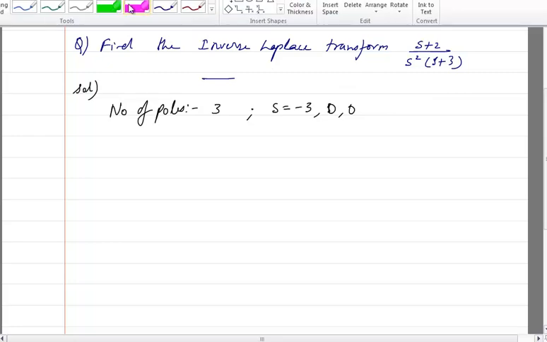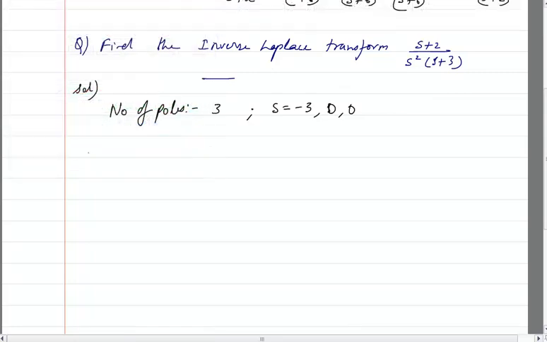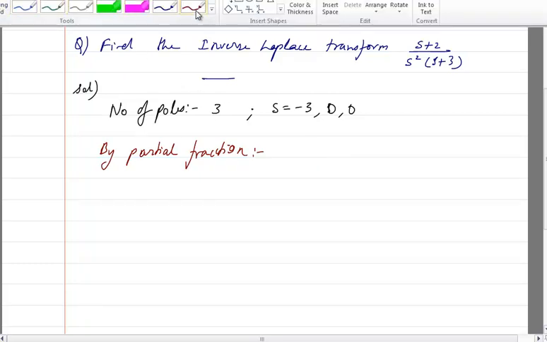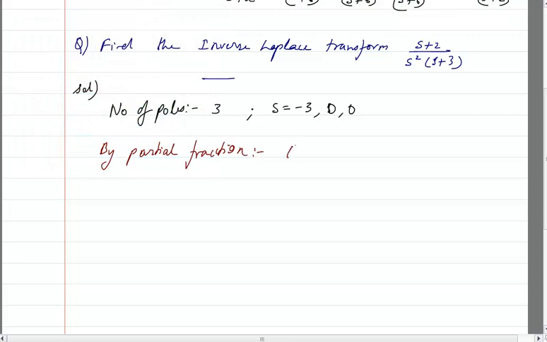Now, by the partial fraction method, let me write this as F(s). I will write it looking only at the denominator, not the numerator.